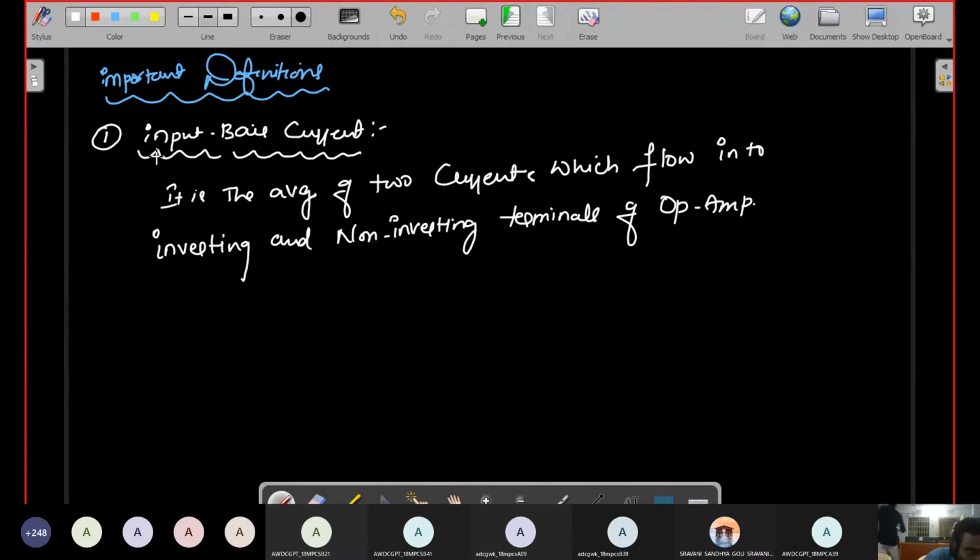Okay, so this is the definition of input bias current: the average of two currents which flow into the inverting and non-inverting terminals.